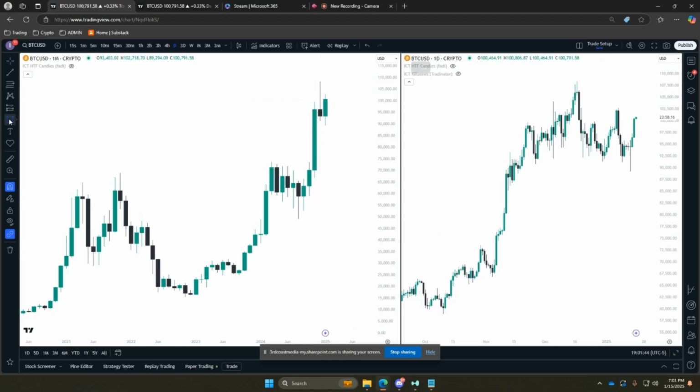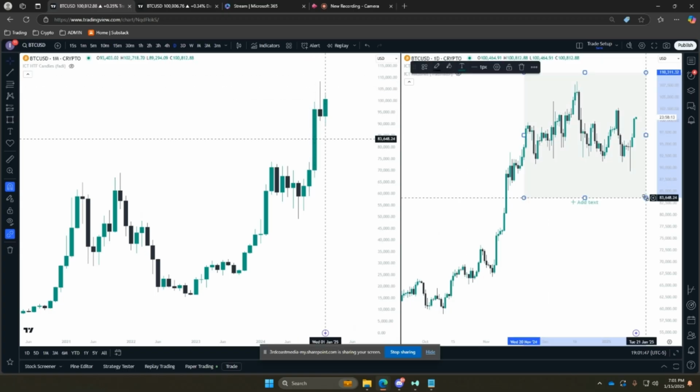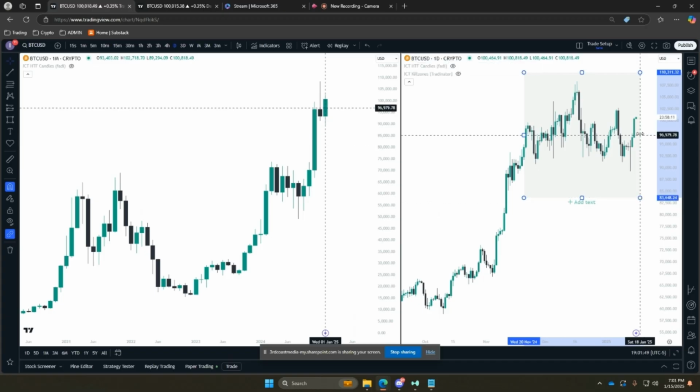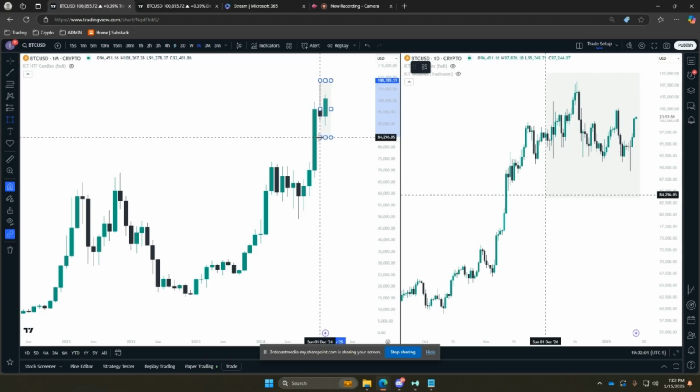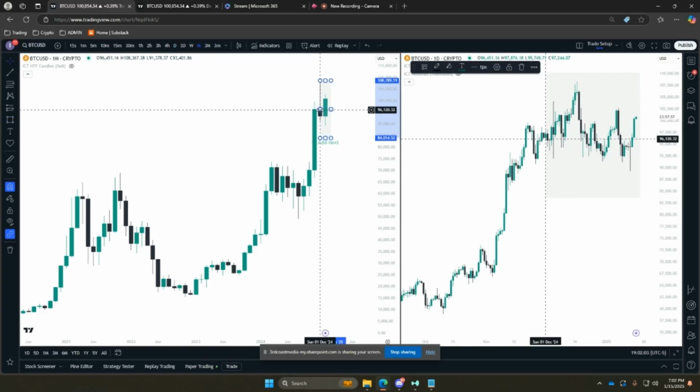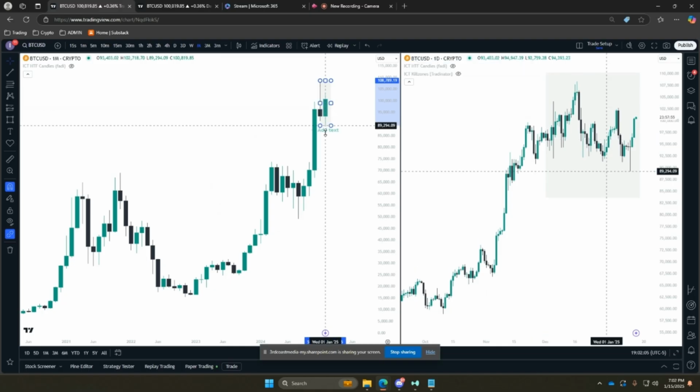So let's say this section right here is today all the way back to December 1st. This section right here is the same amount of time.